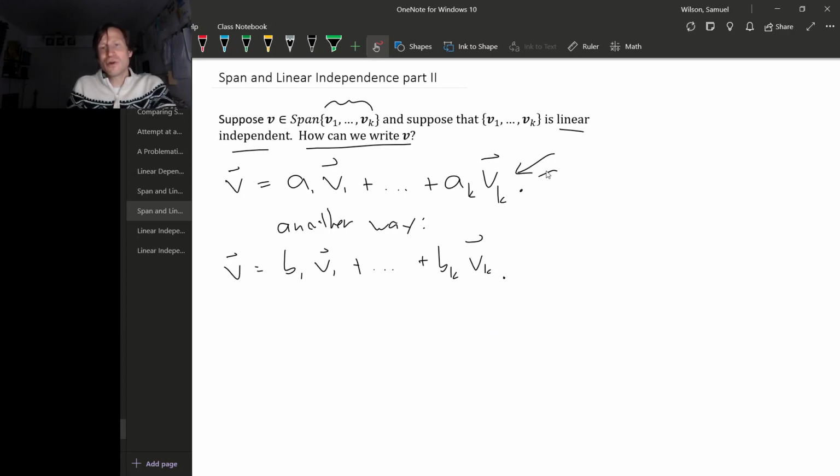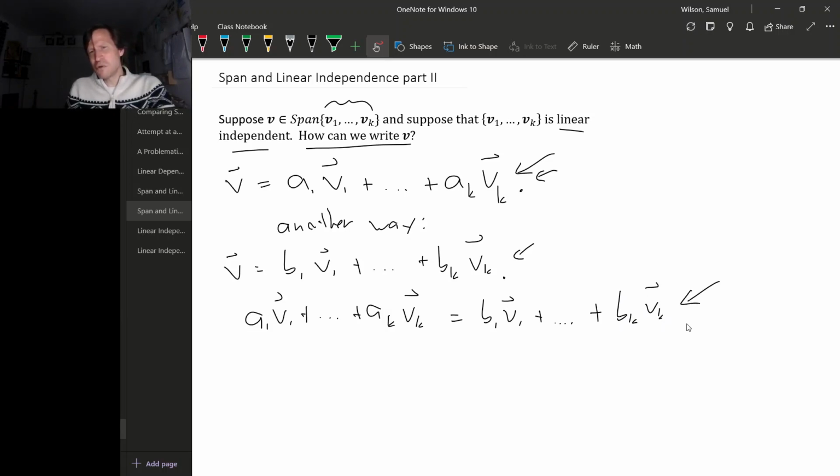We have these two different ways of writing v, but both of these are supposed to be equal to v, but that means they're equal to each other. So that would give us a1 v1 through ak vk equal to b1 v1 plus dot dot dot up to bk vk.